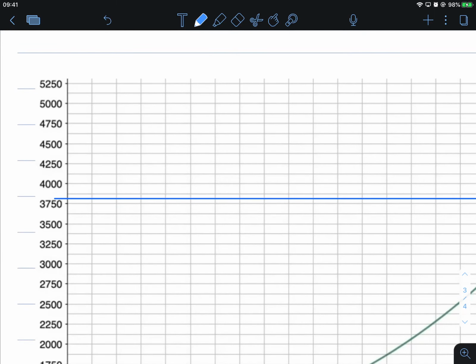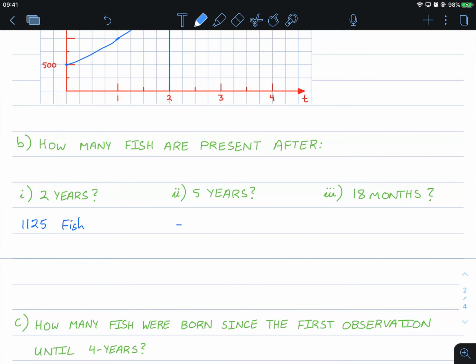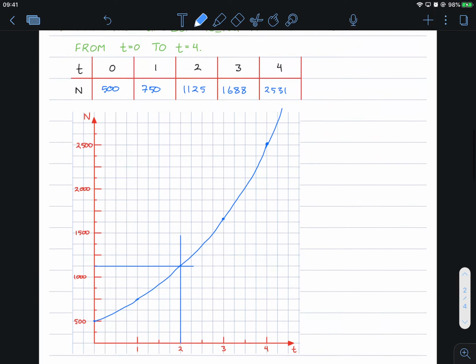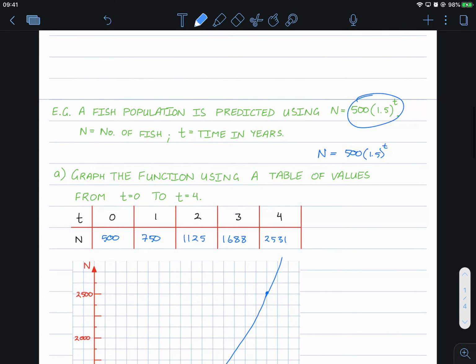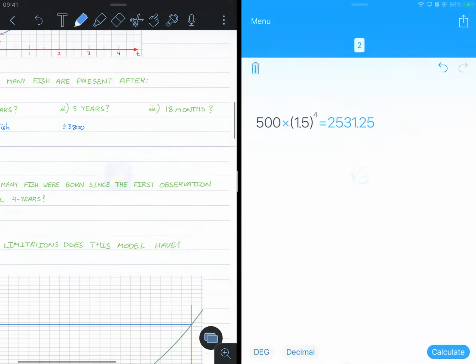Let's say that's approximately 3,800. We could, of course, if we've been given the formula, substitute t equal to 5 to find the exact value, which is what I'll demonstrate here.